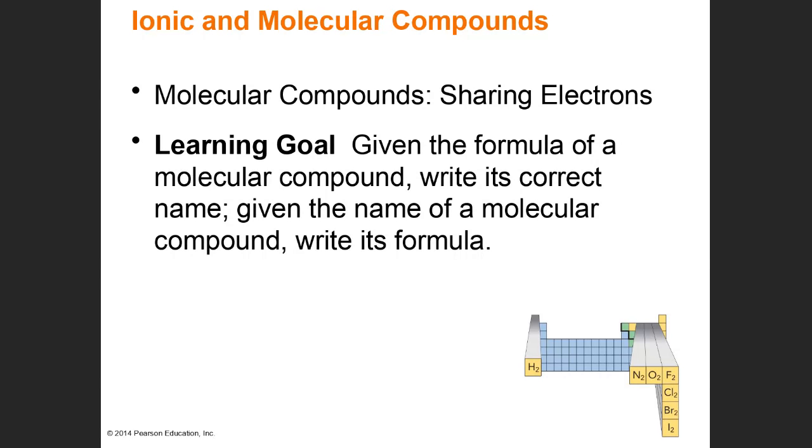Right, so far we just talked about ionic compounds. Molecular compounds are compounds that do not contain any ions in them. So they're just molecules that are formed by sharing electrons.